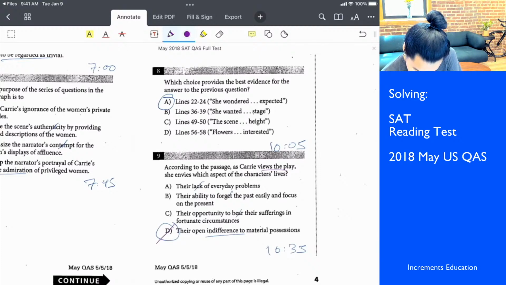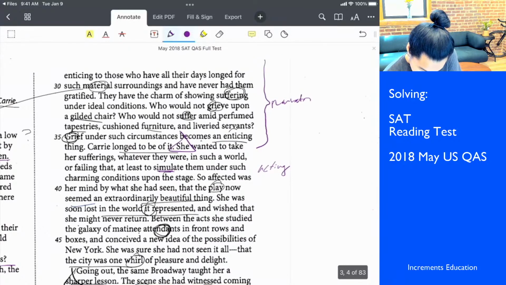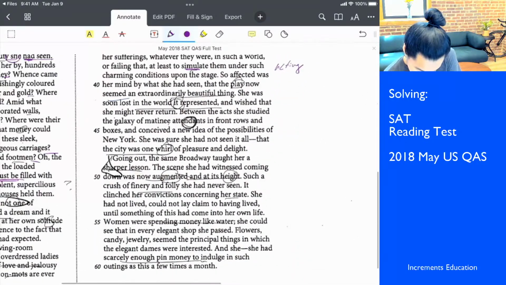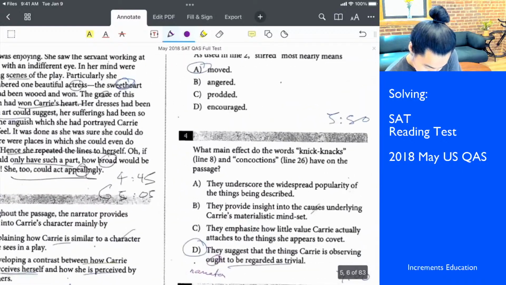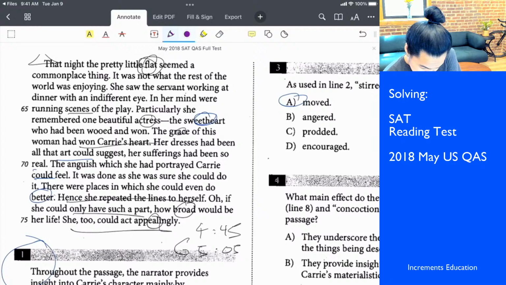What? The characters' lives? Their lack. The play? Okay, I'm confused. Give me a sec. So this is the other time that we're talking about someone from the play. Her suffering so real.